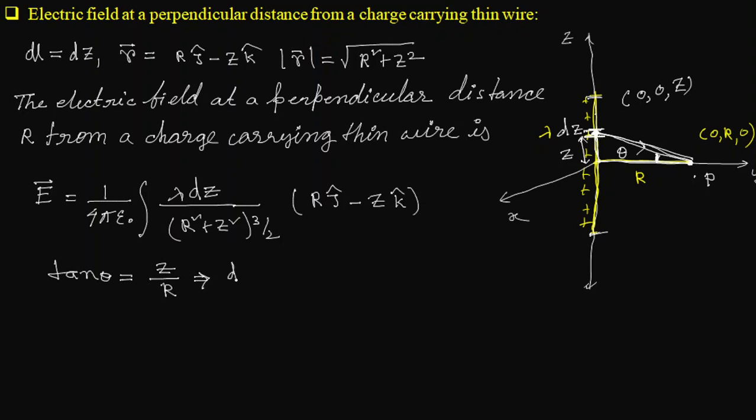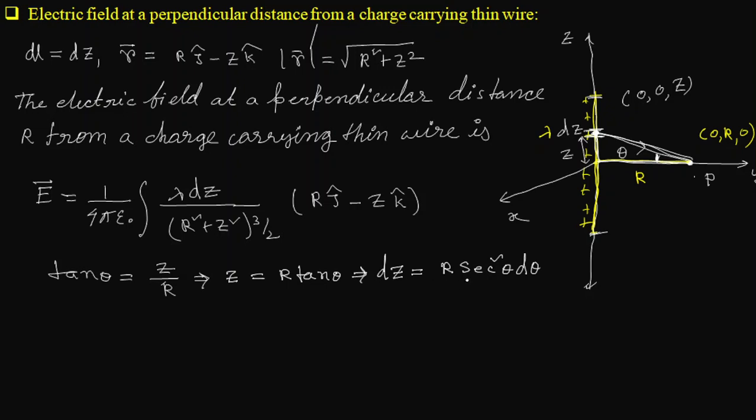So the value of z will be r tan theta, and if we take the derivative, dz by d theta, we'll get r times the differentiation of tan theta, which is sec square theta.